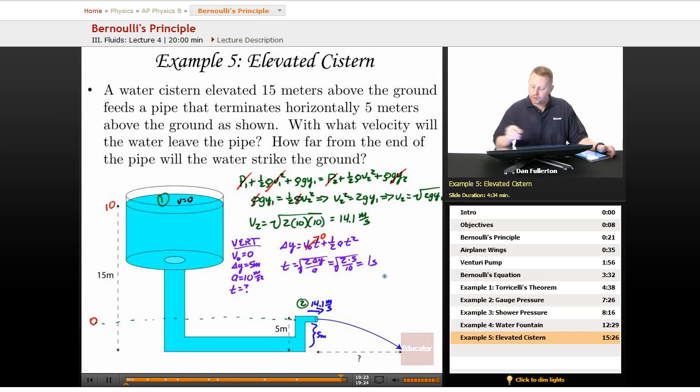Now I can use my horizontal kinematics to figure out how far it goes. Horizontally, the velocity is going to be a constant, 14.1 meters per second. It's going to be in the air 1 second, so delta x is just going to be velocity times time, 14.1 times 1, or 14.1 meters.